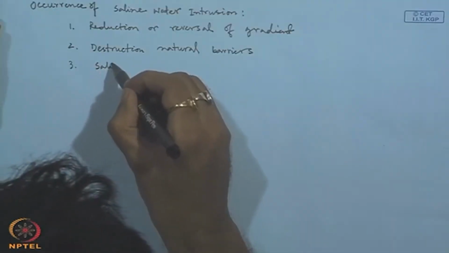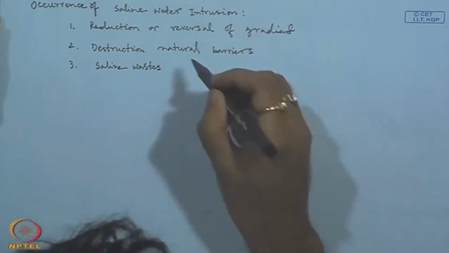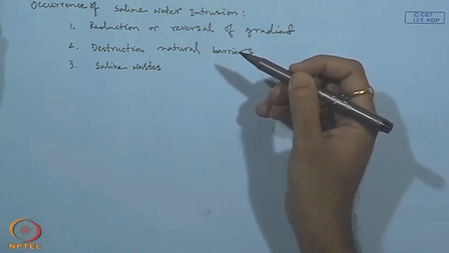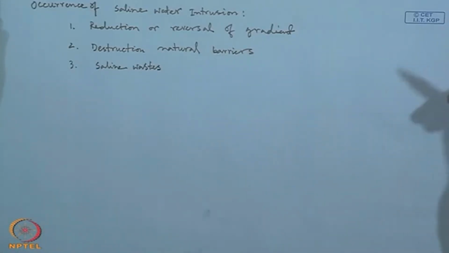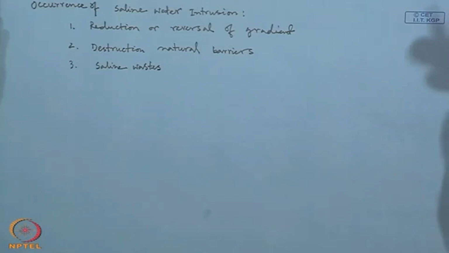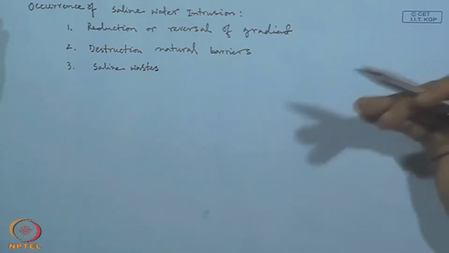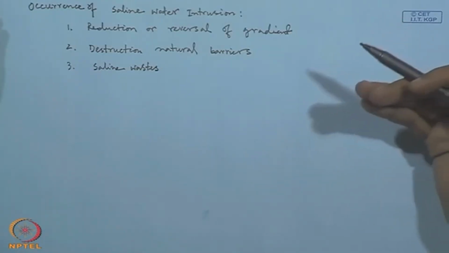Third one is totally human intervention, and this is due to dumping of saline wastes, and due to this saline waste it can cause inland salinity, or near the region of the coastal aquifer it can cause some kind of extra effect of salinity near coastal aquifers.